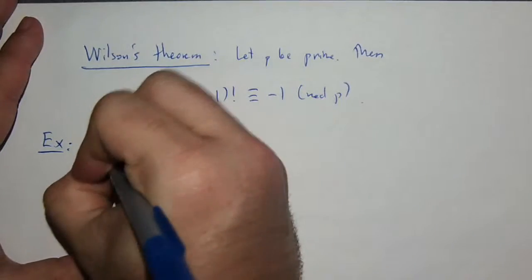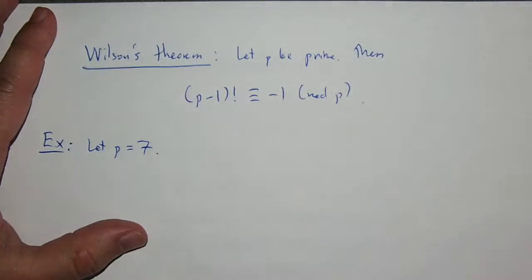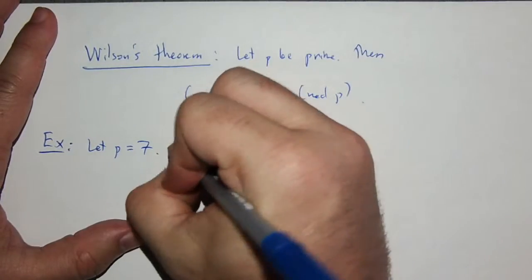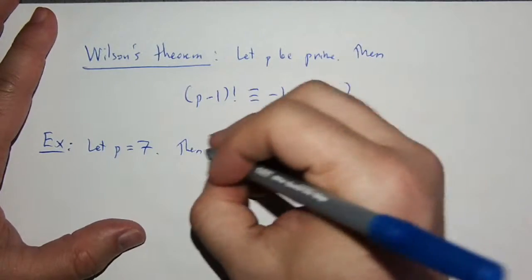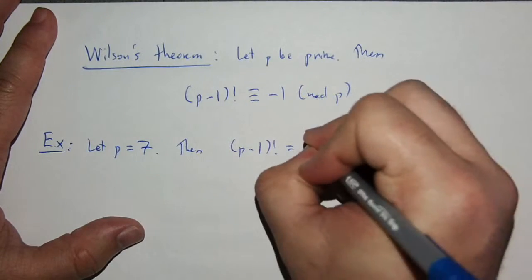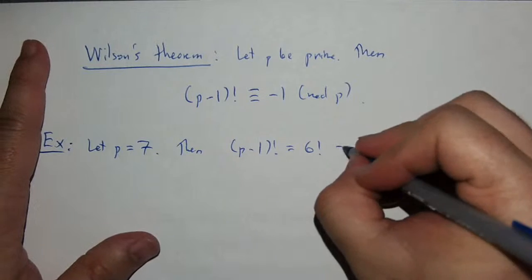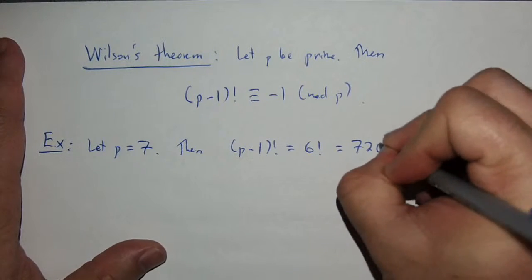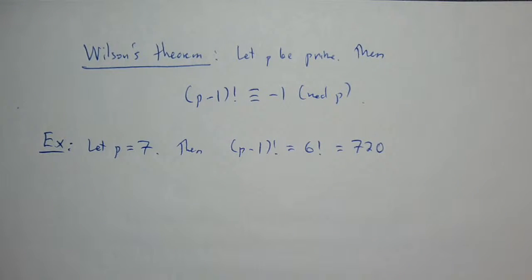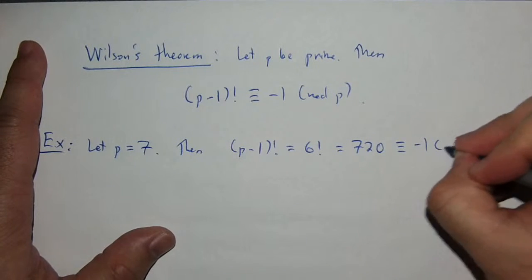So let p equal 7. Then p minus 1 factorial is 6 factorial. Right, 6 factorial is 720. And indeed, that is congruent to minus 1 mod 7.